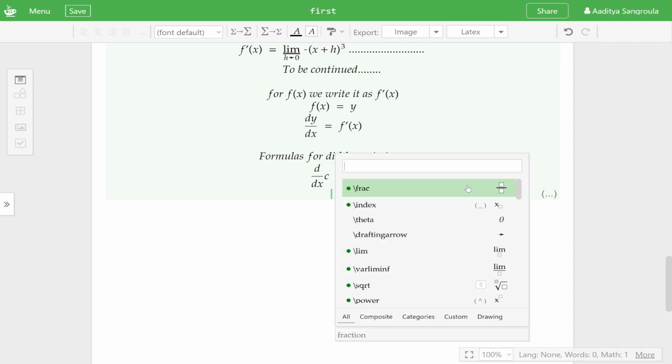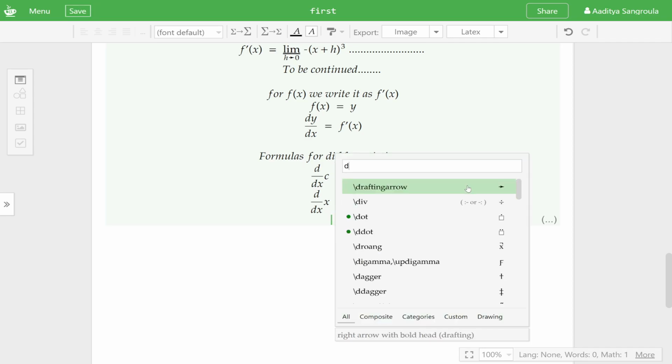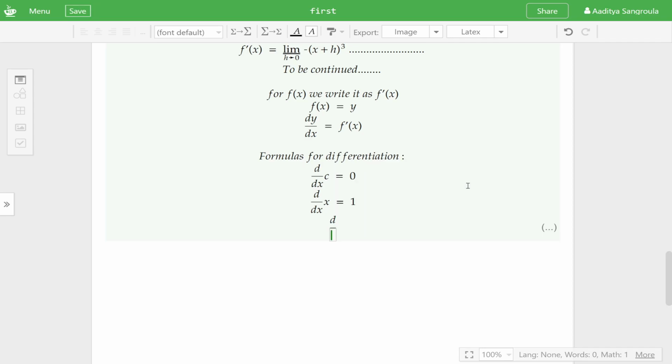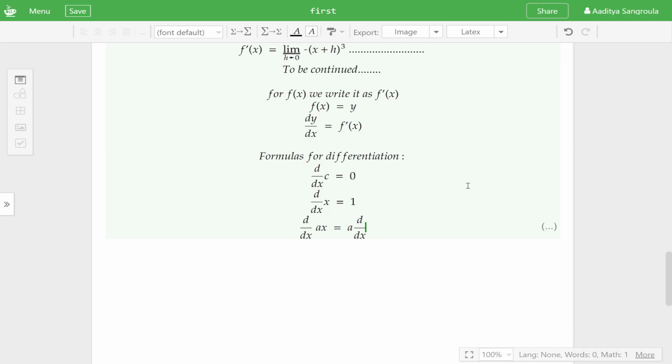Now d over dx of the variable x is just 1. And d over dx of ax is a times d over dx of x, which is just a.